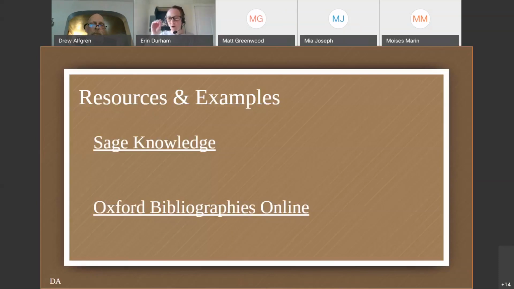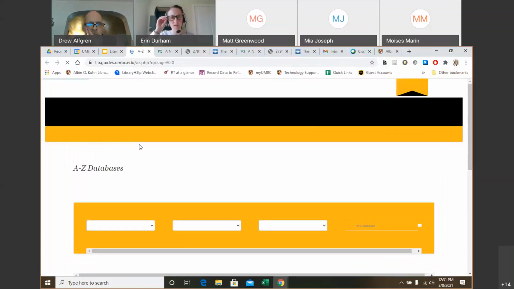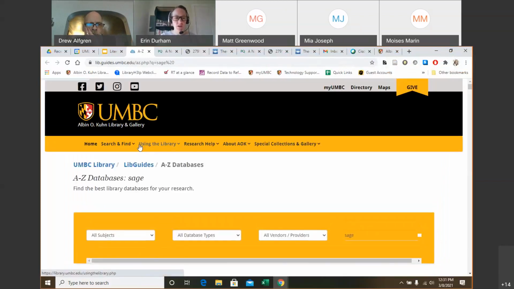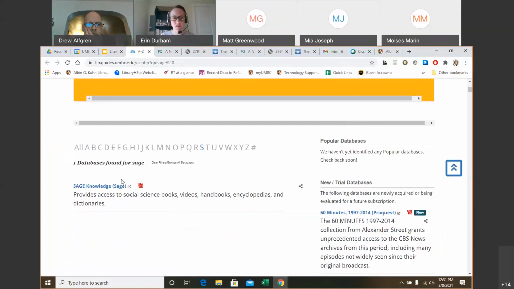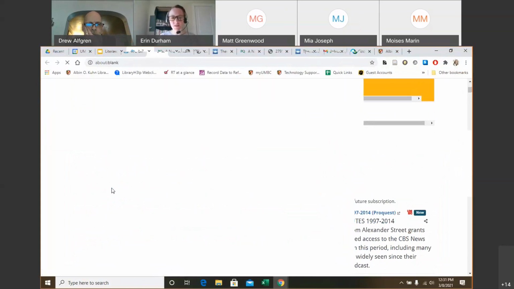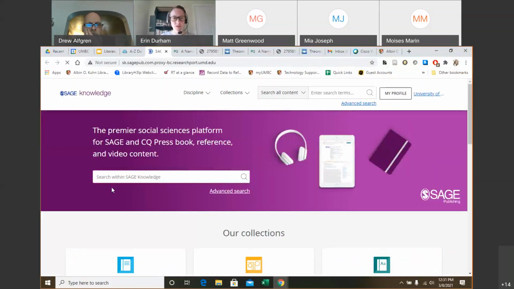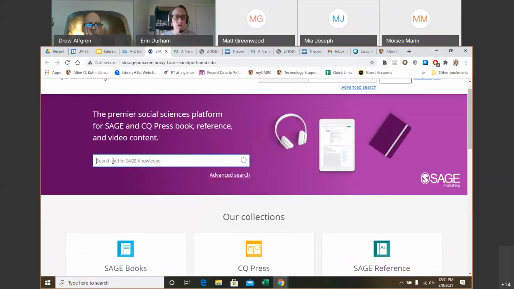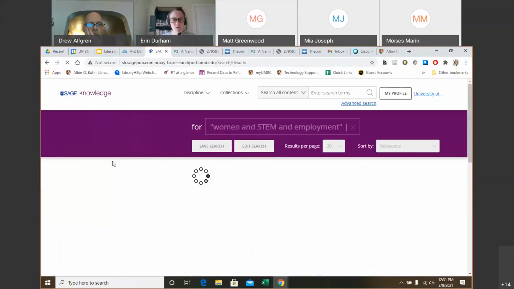And so I guess what we're going to do now is look at some examples. These are two examples of resources that we have online through the library, and we'll share out these slides as well. We do have Sage Knowledge, and this is an excellent source, especially for social science. It has handbooks and encyclopedias. So if we do a topic on women and STEM, let's do a search.